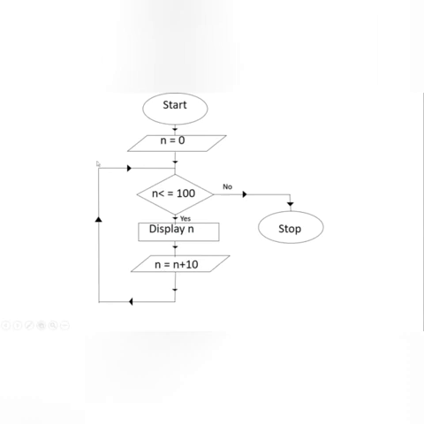The third repetition, and it goes on, and eventually at a moment n is 100.